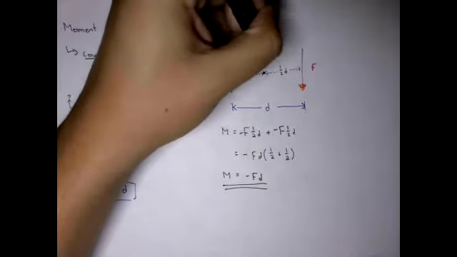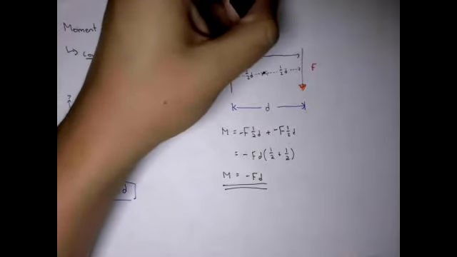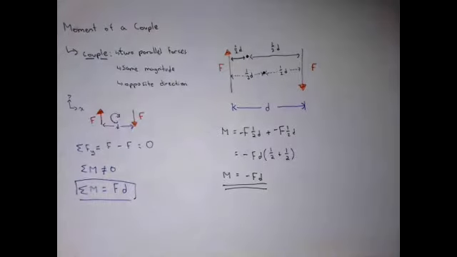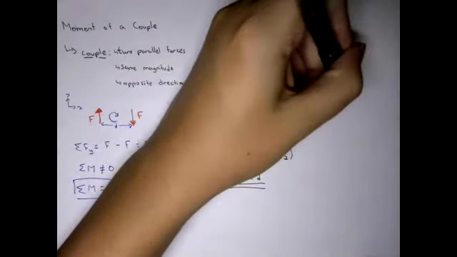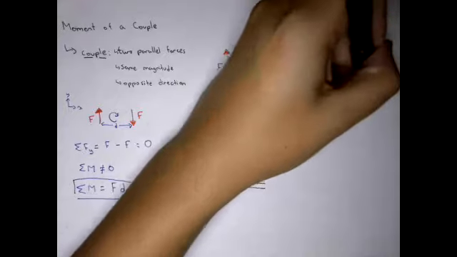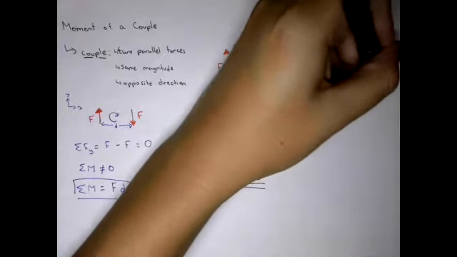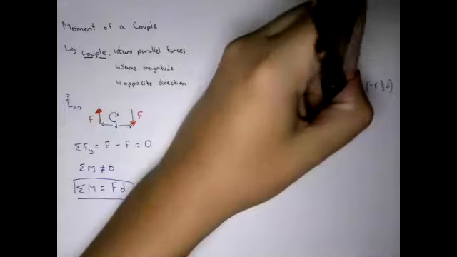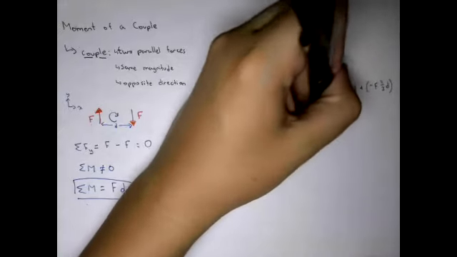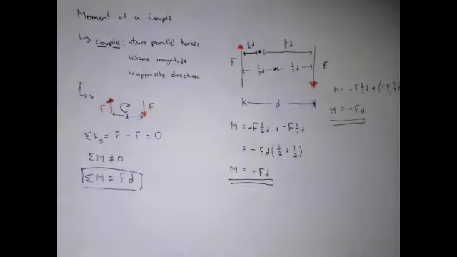The distance between my point and my second force is 2/3 d. And the moment will be equal to negative force times 1/3 d plus negative force times 2/3 d. And this ends up being, once again, just force times distance.